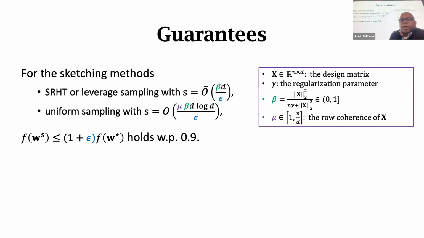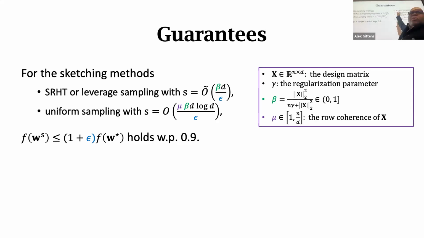So here are the types of guarantees that you can get. If you use leverage score sampling, then like I said, you need basically order D samples. Epsilon here is your precision. And with that number of samples, you get this guarantee that the error of your sketch solution, so this is the objective here, our ridge regression objective, is only slightly larger than that of your optimal solution.